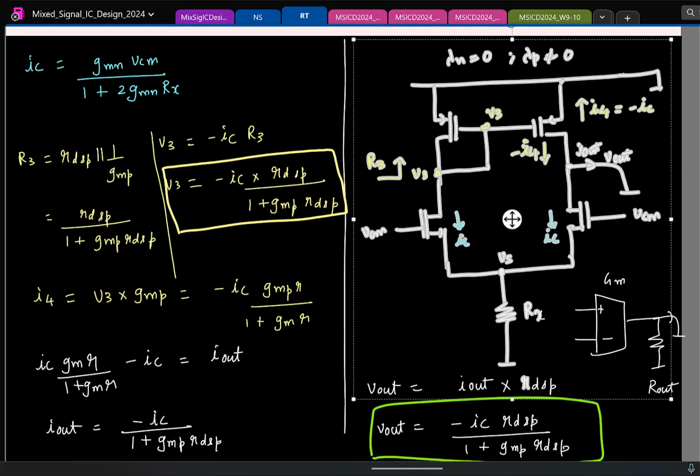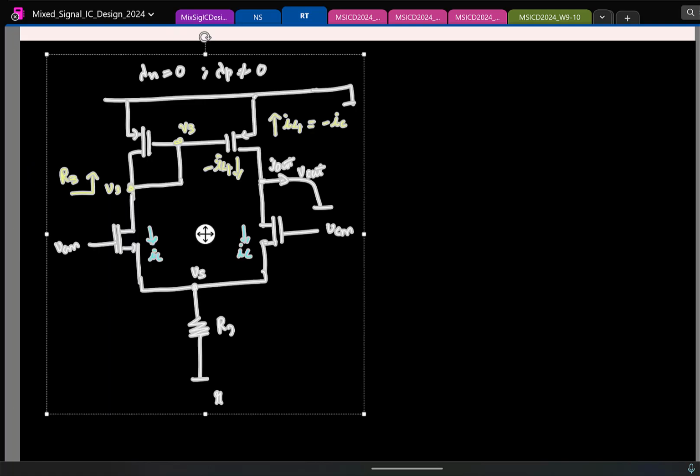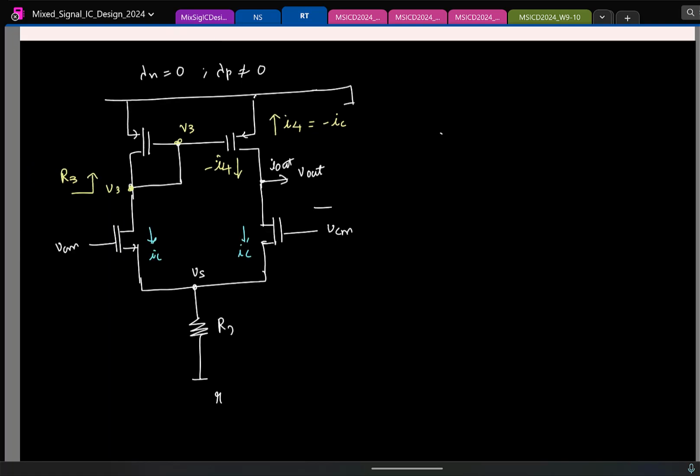Let me erase everything. Now I see that V out is exactly equal to V3.